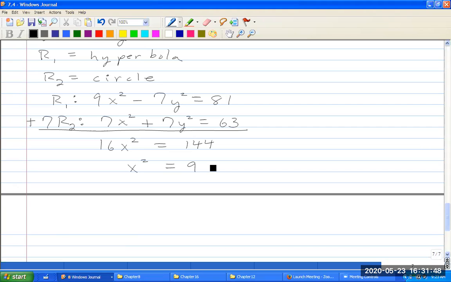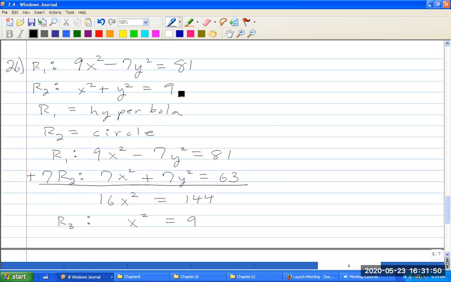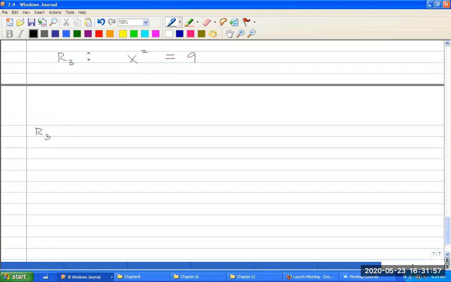And let's substitute that back into R2. So let's substitute R3 into R2. That will give me x squared plus y squared equals 9. And so I have that y squared is 0. So y is 0.